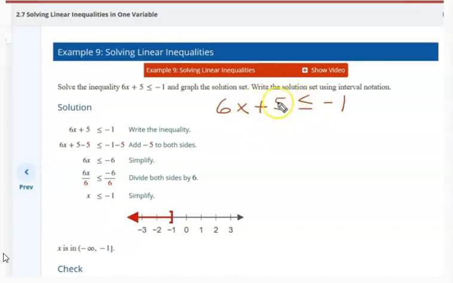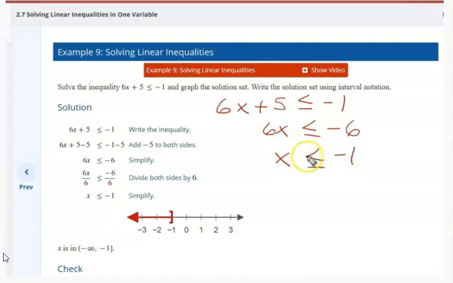So here we're going to transpose the positive 5, so to this side it becomes a negative 5. So this is a negative 6 here. And then 6x. Divide both sides by 6. Since we're not dividing or multiplying by a negative, the inequality sign stays the same, and this is negative 1.